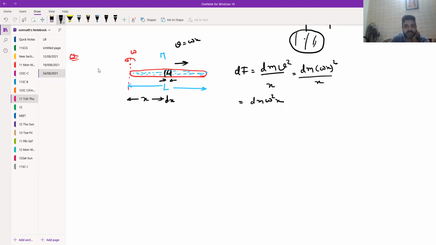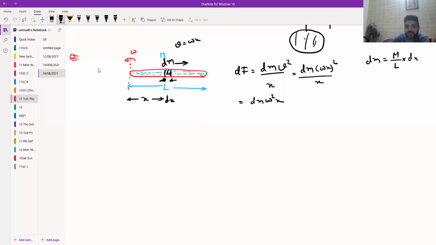Now the second thing: how do you get the value of dm? This is the mass dm. Total mass, capital M, per unit total length, into thickness. What is the thickness? dx.